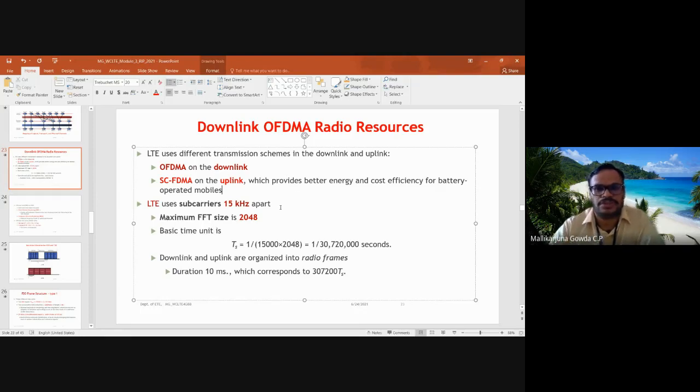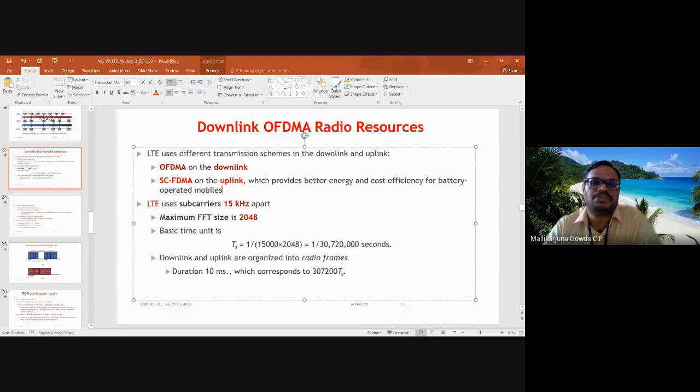LTE supports scalable bandwidth: 1.4 megahertz, 3, 5, 10, 15, and 20 megahertz. You have to find out how many subcarriers will exist with 1.4 megahertz of bandwidth, or 3, 5, 10, or 20 megahertz.